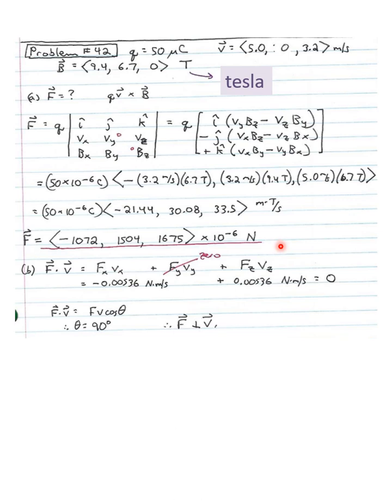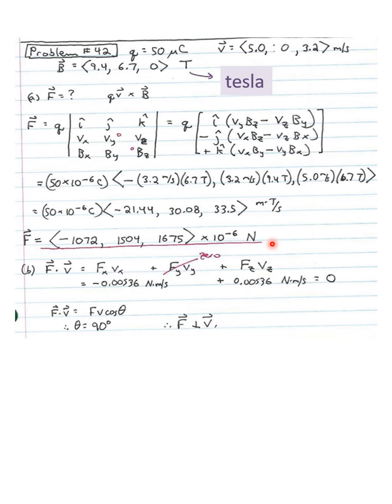The second question says to do the dot product and to show explicitly that these vectors are perpendicular to each other. So I'm doing F·V right here, and I leave F·B for you to do if you want to, but let's just do F·V.